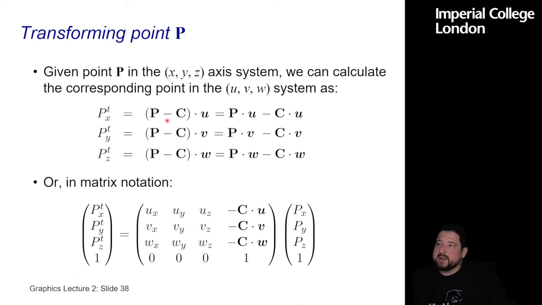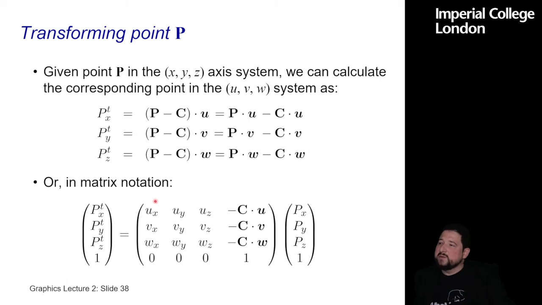So I have that new vector representation of our P in our new coordinate system, dot U, I project it on U, I project that new vector on V, and I project it on W. If you work that into the brackets, the result is basically this P dot U minus C dot U. And that whole thing I can rewrite into matrix notation, and this should already look very familiar.